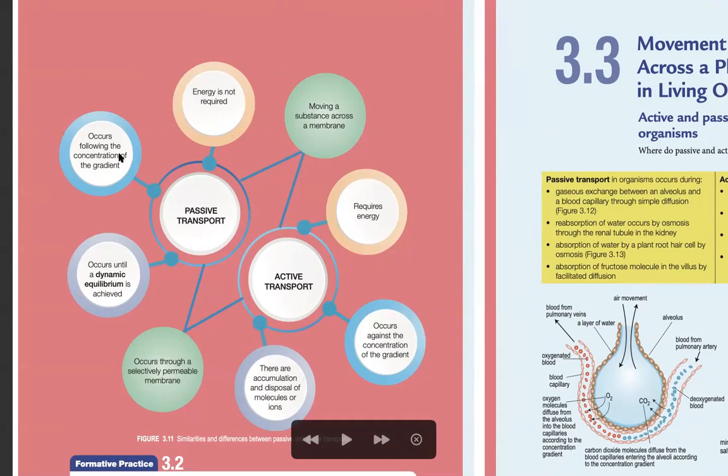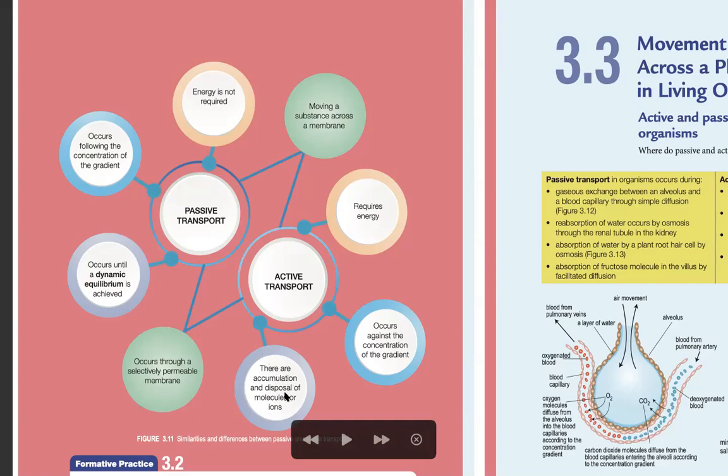Tapi kalau passive transport, it occur follow the concentration gradient ataupun it occur down concentration gradient. Sama juga. Follow concentration gradient ataupun down concentration gradient pun you can choose either one. And the last one, active transport, there is a accumulation and disposal of molecule or ion. While passive transport, it will occur until dynamic equilibrium is achieved.